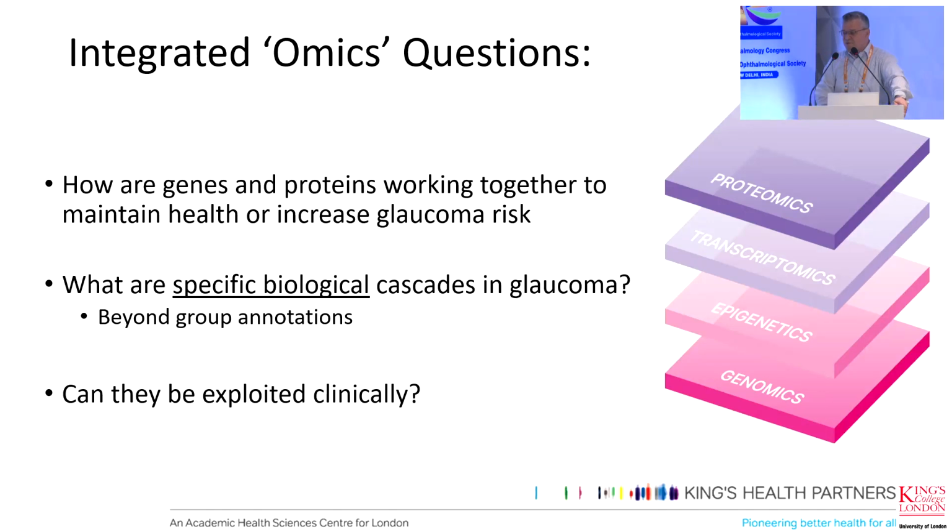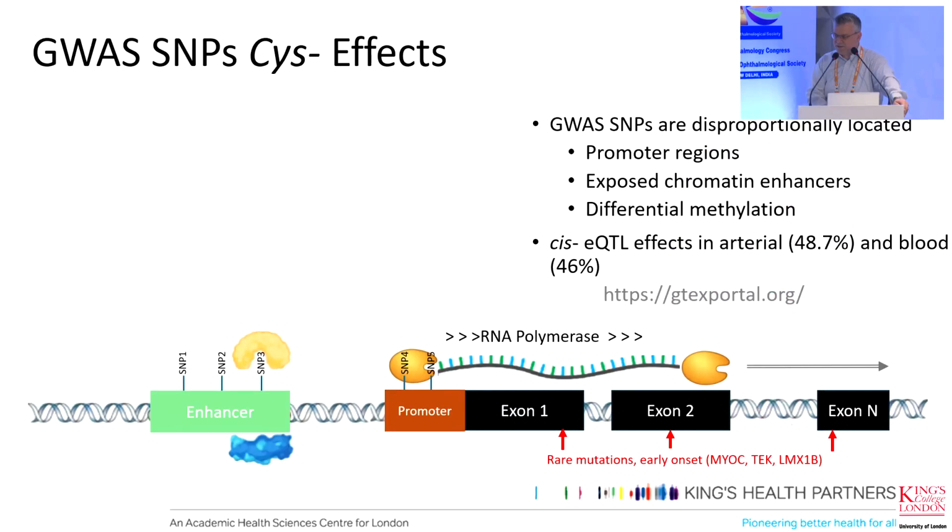And these are all good questions that integrated omics approaches can answer. Specifically, I'm going to focus on the obvious ones: how are the genes and proteins working together to maintain health or to increase glaucoma risk? Are there any specific biological cascades that contribute to those conditions? And the implicit question is whether they can be exploited for new therapies or otherwise in the clinic.